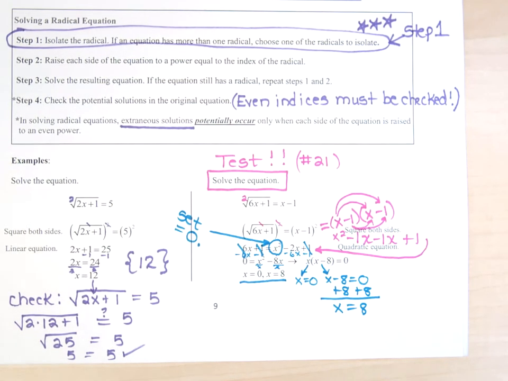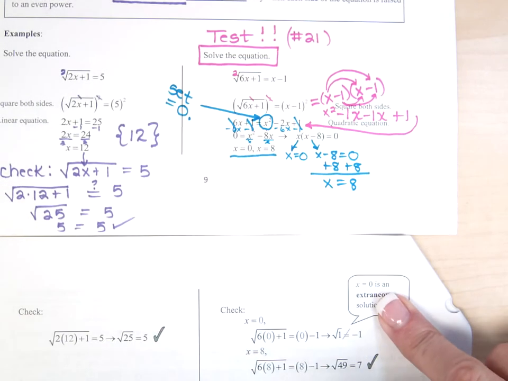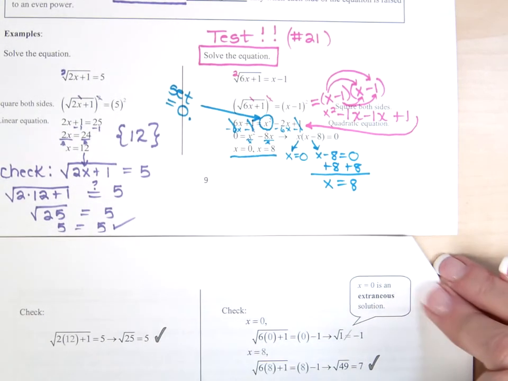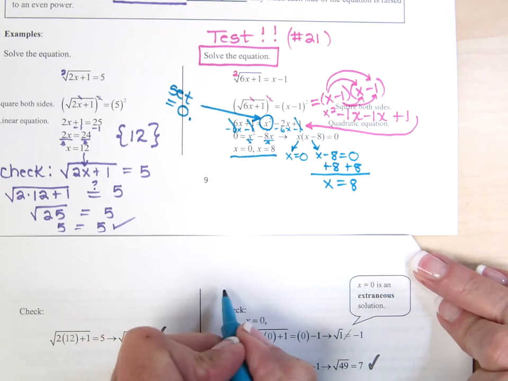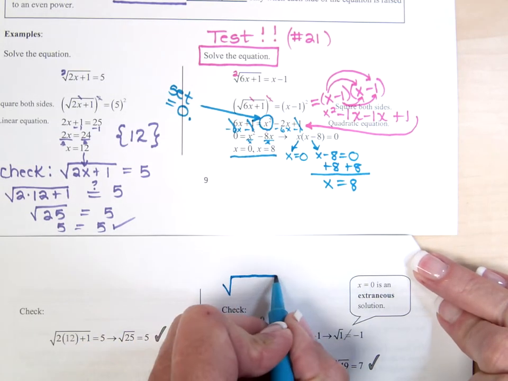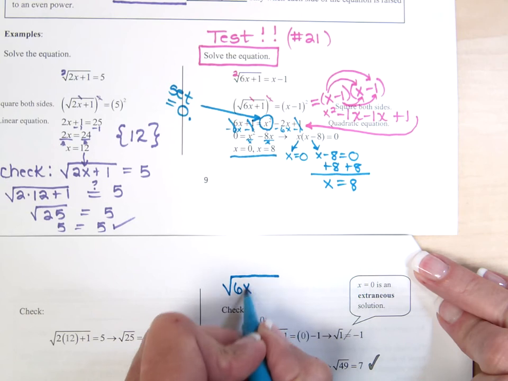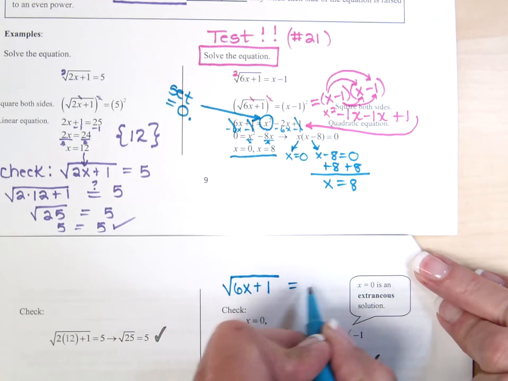So now let's turn the page and copy this problem over at the top of page 10. So right at the top of page 10, let's write this problem down. I have a separate sheet so I can see. So here's the original problem, square root 6x plus 1 equals x minus 1.